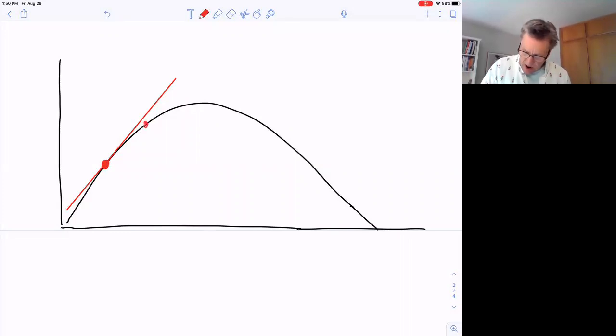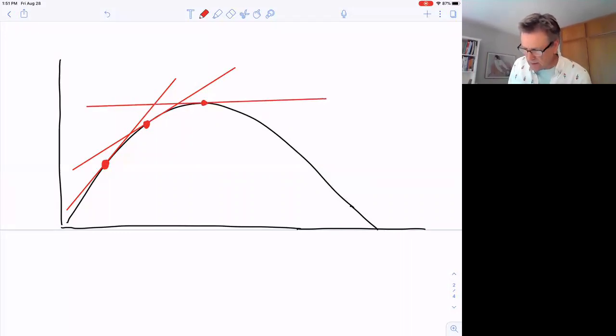And as we move along, you can see that that straight line that just touches that curve is not as steep anymore. So the slope is still positive, but less positive. When we get up to the very tip top, the slope is 0. And as we start to go down, it becomes negative.